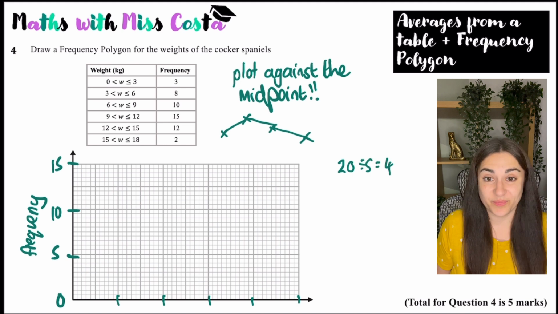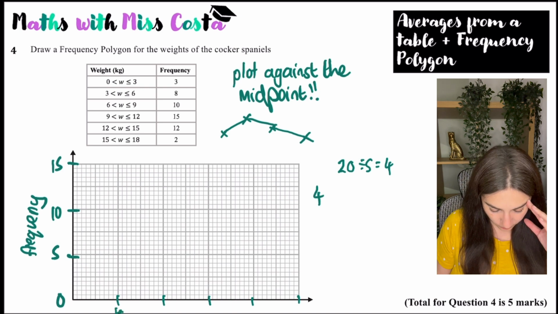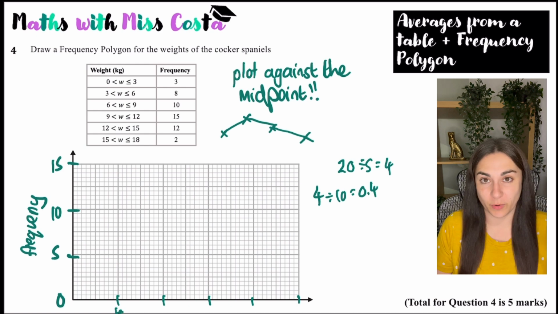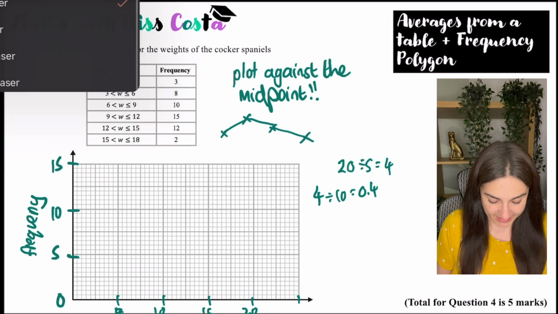So I could go up in 4s, but I would then want to think about it. If I go up in 4s, then 4 divided by 10 is 0.4. I suppose I could. So either you could go up in 0.4s, or you could just make your scale a little bit smaller and have it 5, 10, 15, 20. Actually, yeah, let's do that just to make it easier.